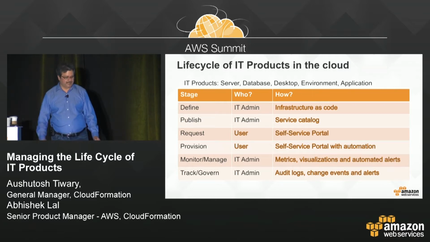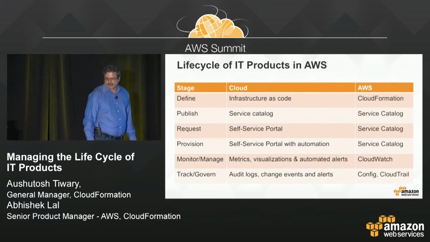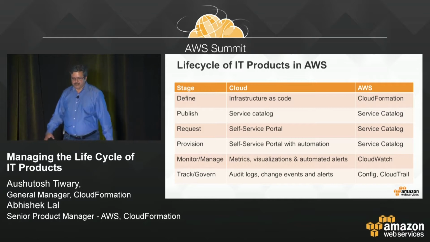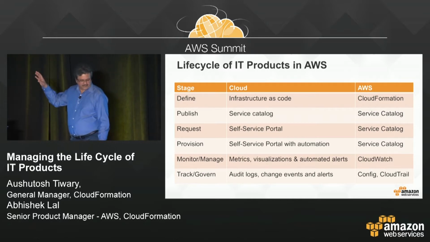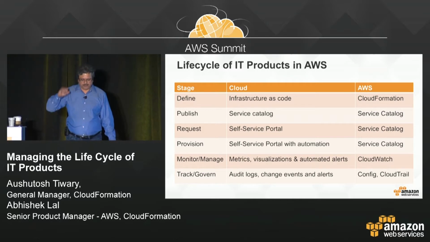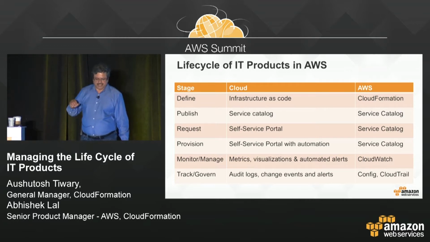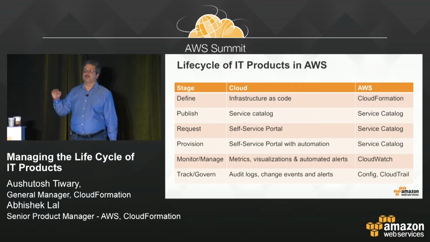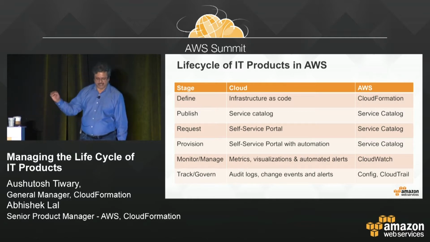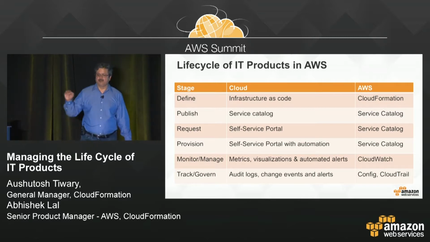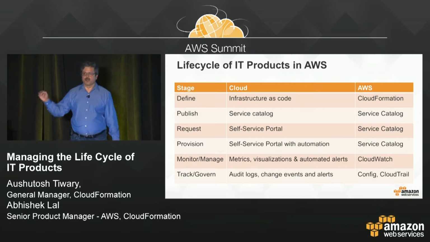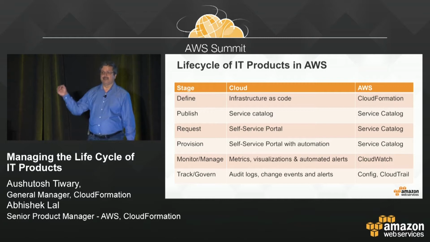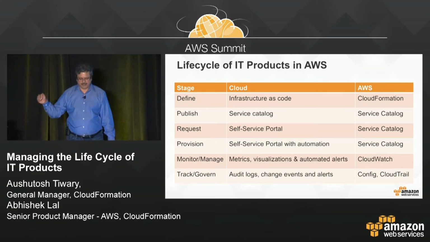If you were to do that in AWS, you would use the following sets of AWS tools to do this. So for example, as the administrator, I would define the architecture of my product using CloudFormation templates written in JSON. I would publish them in AWS Service Catalog. Users would go to AWS Service Catalog as a self-service portal, be able to find it and then provision and launch it from there.